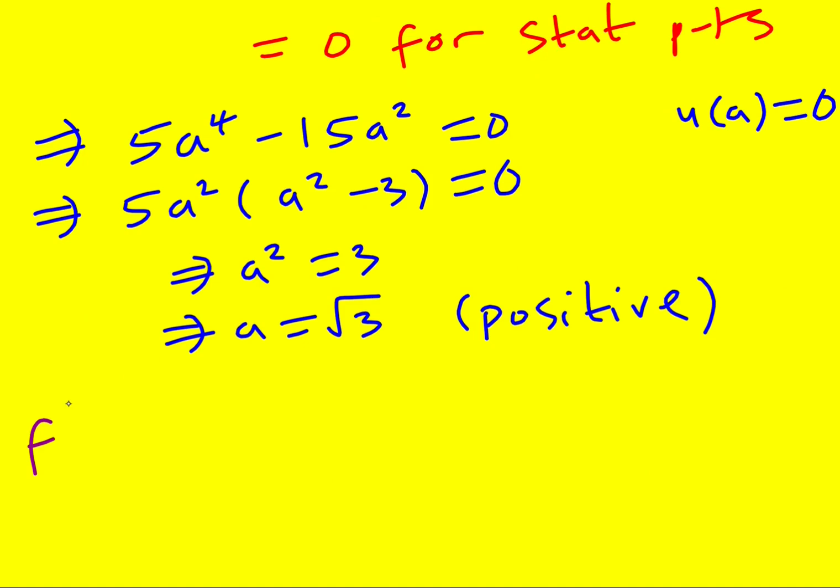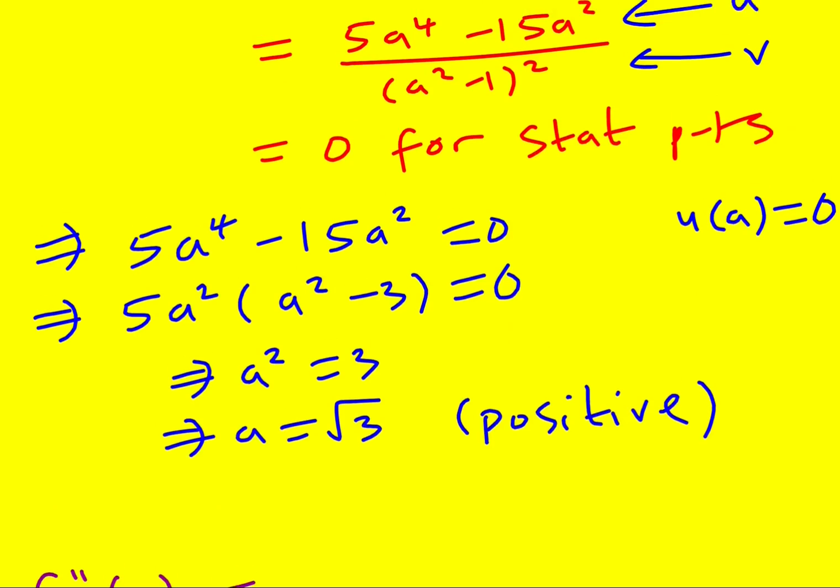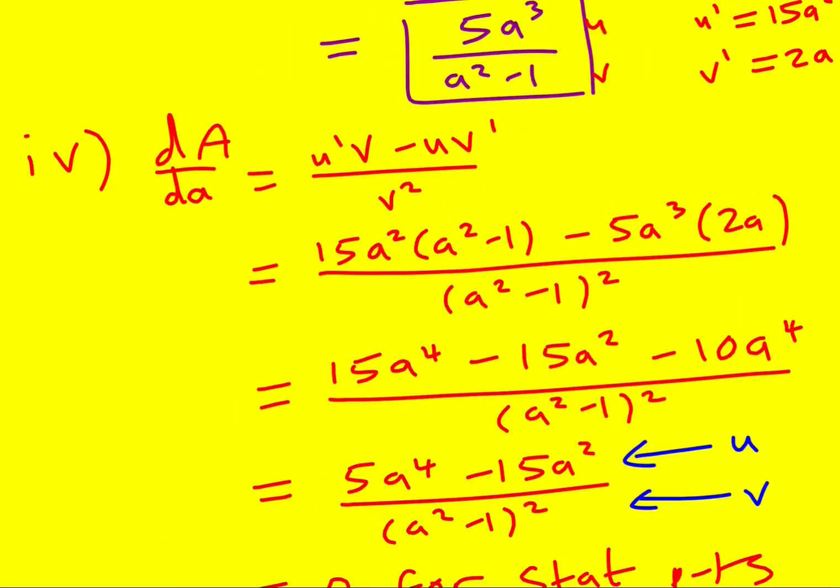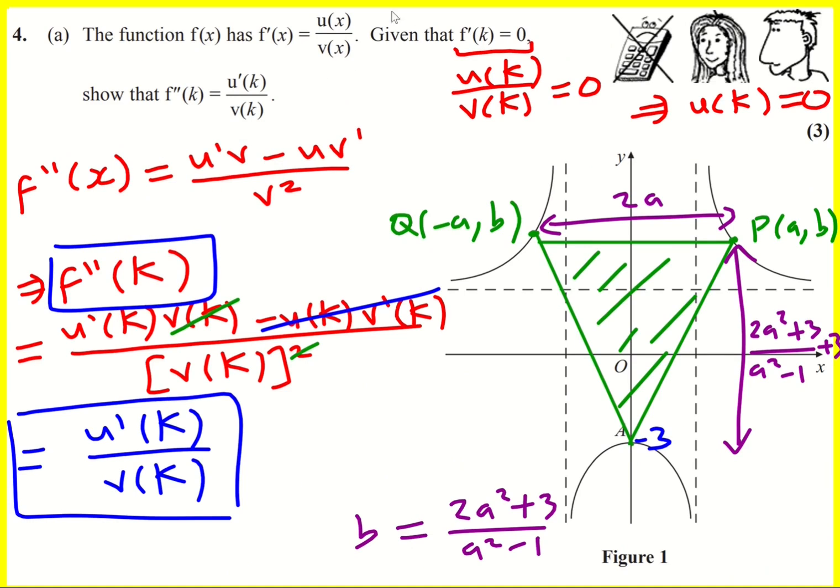So we know that f double dash a, actually I want to now bring back in this part A. I'm not actually going to differentiate again this thing here. I don't need to, because using part A, we know that the top of the fraction is equal to 0. That's how we solve to get a equal to root 3.